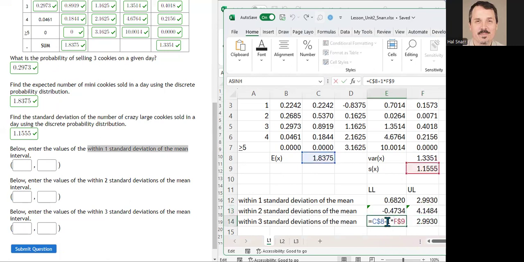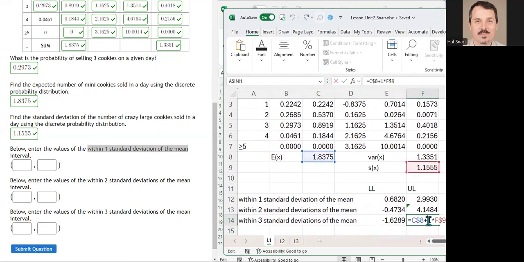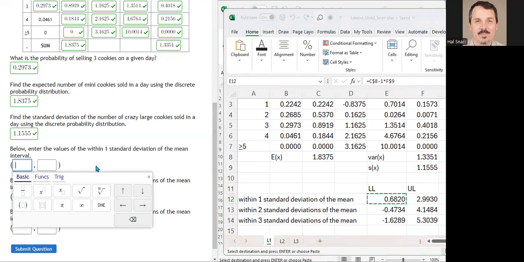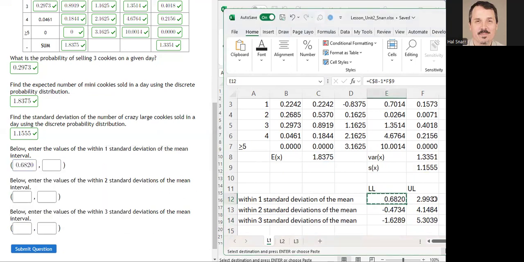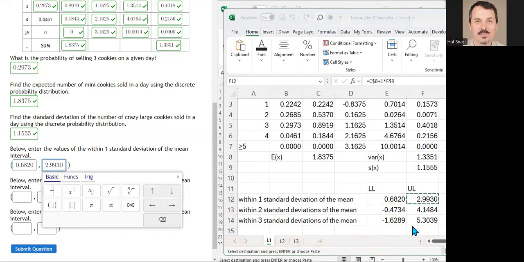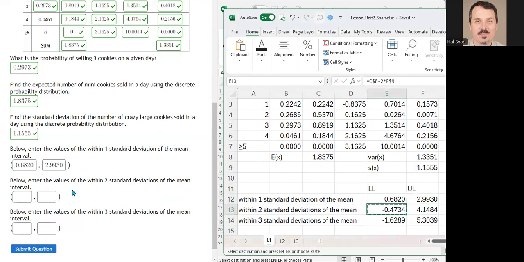And then I want 3 standard deviations below the mean, and then 3 standard deviations above the mean, right? And then I just enter these values with the smaller number on the left and the larger number on the right, one at a time.